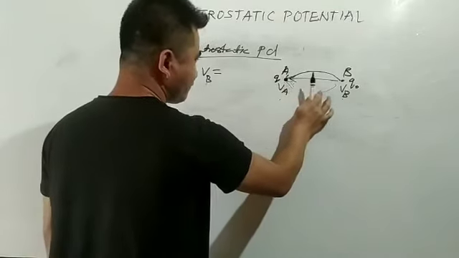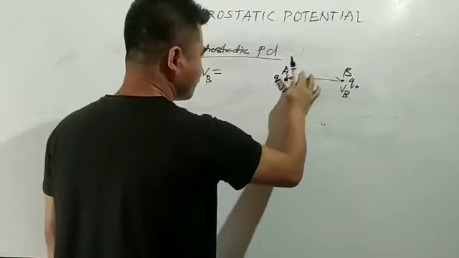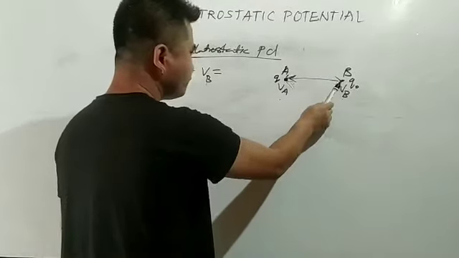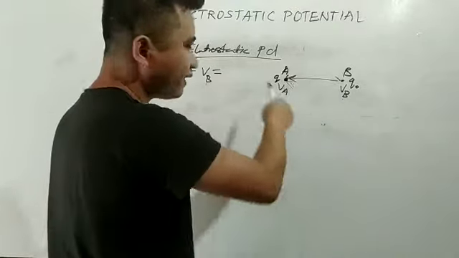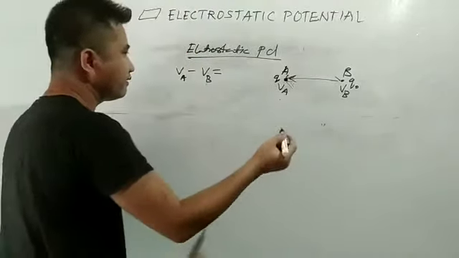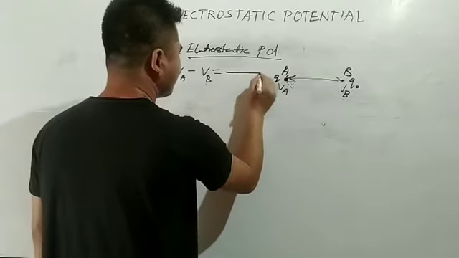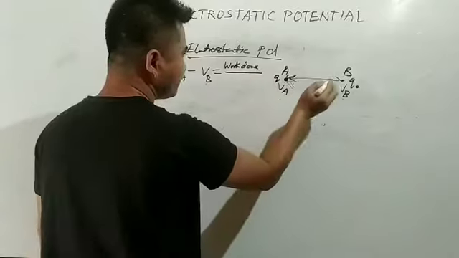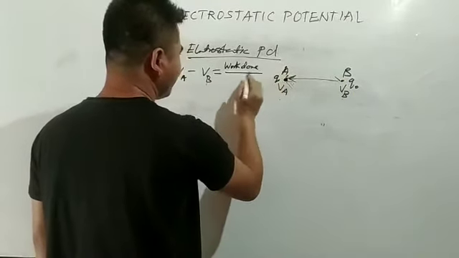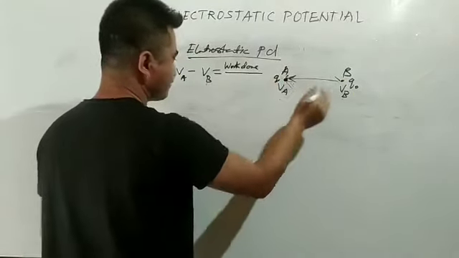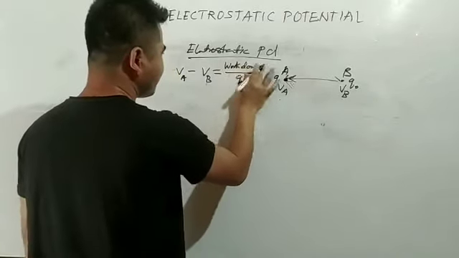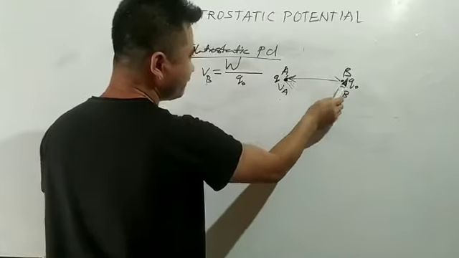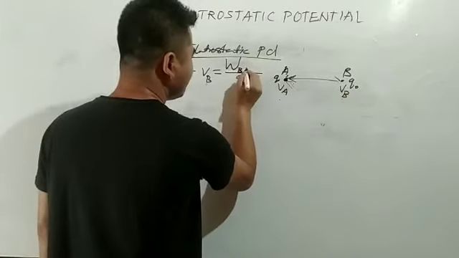So it is the work done in moving the test charge from B to A per unit test charge Q naught, or you can write this work done as W from B to A. So the definition of electrostatic potential difference is the work done in moving the test charge from point B to A per unit test charge.